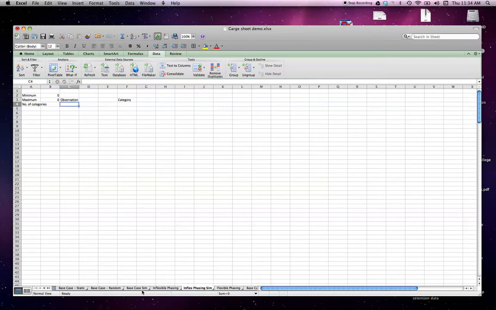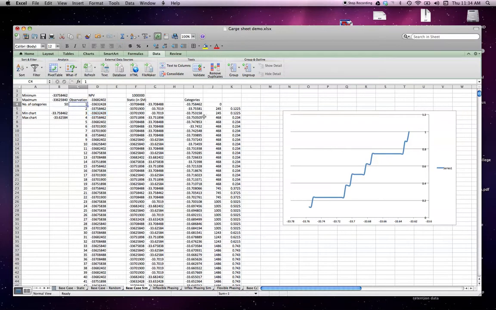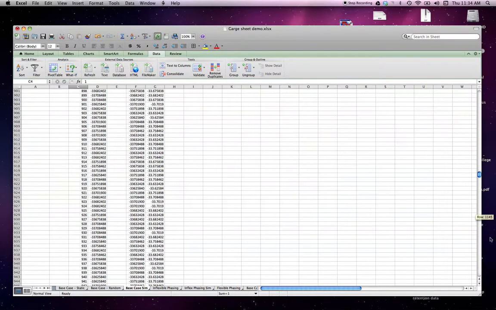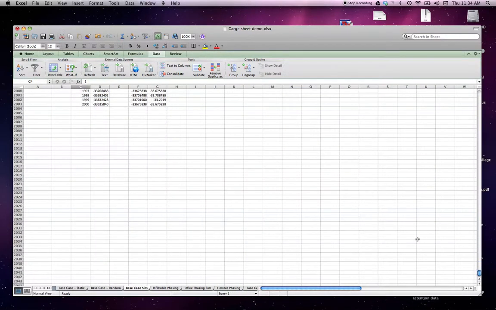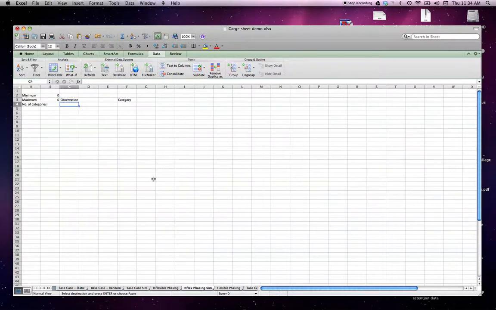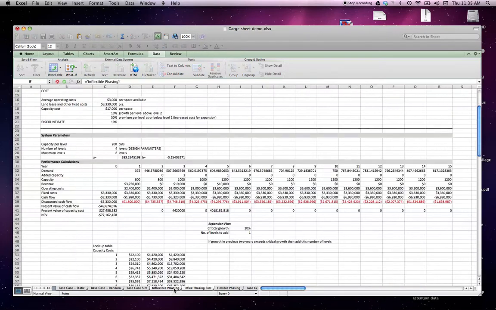And let's do this. Let's copy this, because then I don't have to type anything in. We'll do the 2000. What the heck, we're doing it anyway. Let's just do 2000. And the net present value of the inflexible phasing is here.